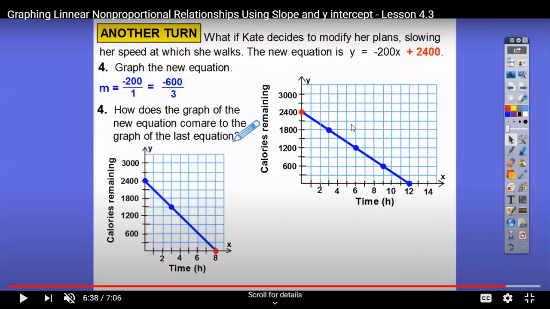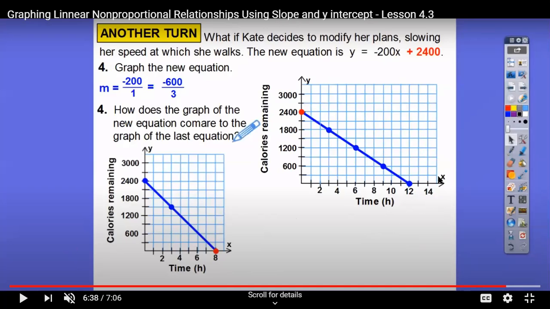To compare the two graphs, she started with 2,400 in both cases, but in the first one she decreased 300 calories per hour, and in this one she decreased 200 calories per hour. In the first case, she reached her goal after 8 hours; in the second case, after 12 hours.